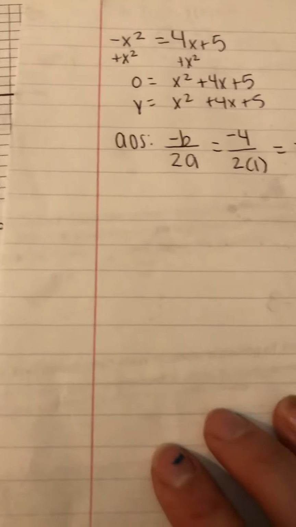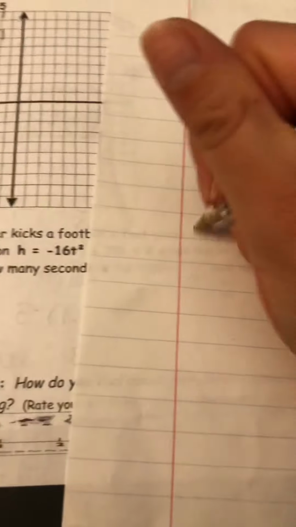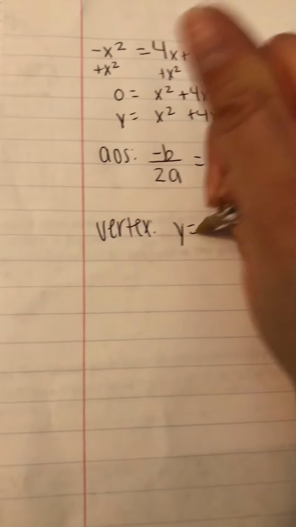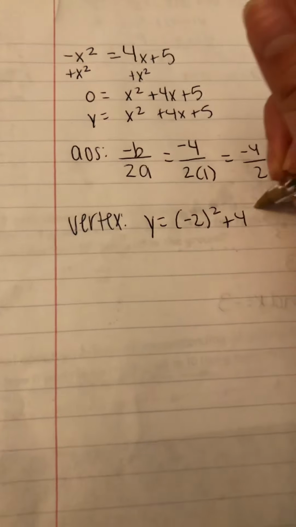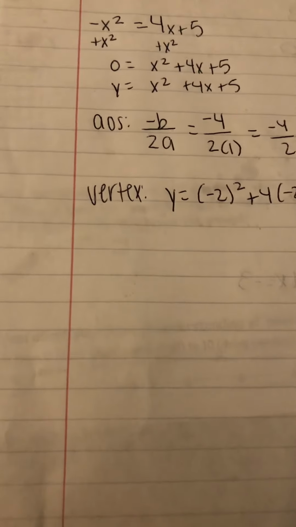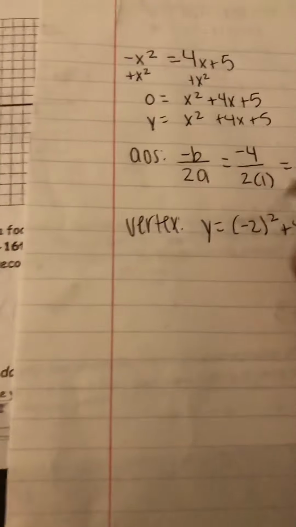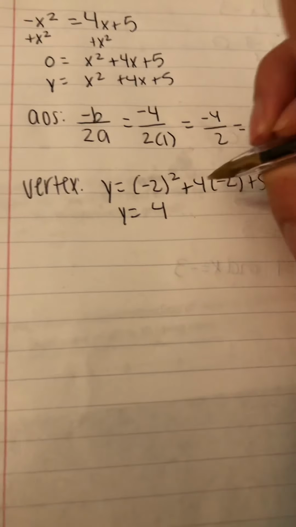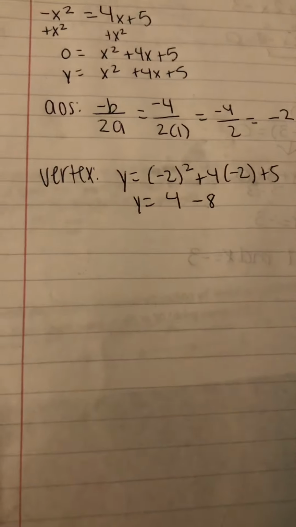Okay, now I gotta do my vertex. So I have to plug in that number for x into my equation. Negative 2 squared is 4. 4 times negative 2 is negative 8.